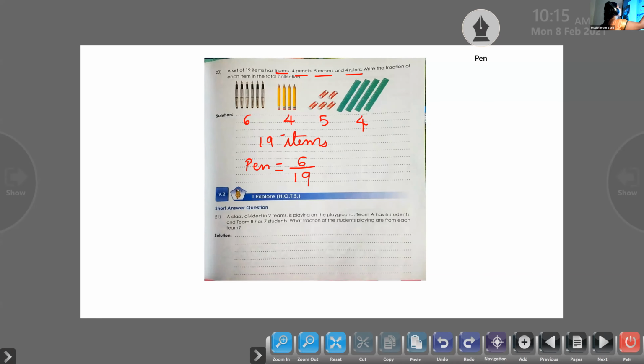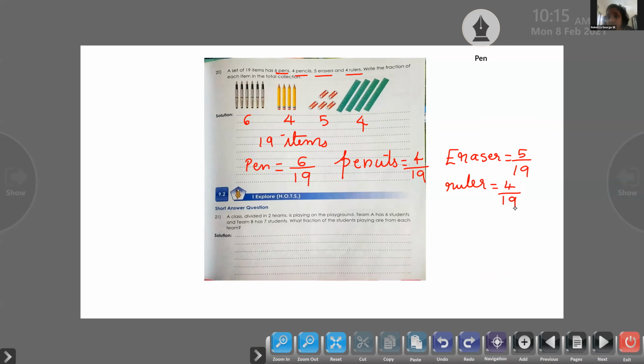What will be the fraction of pencils? 4 by 19, because pencils are 4 out of 19 items. What is the fraction of eraser? 5 by 19. What will be the fraction of ruler? 4 by 19.